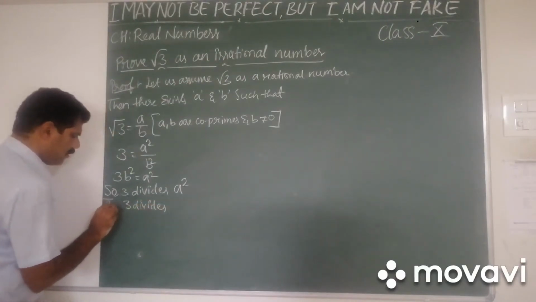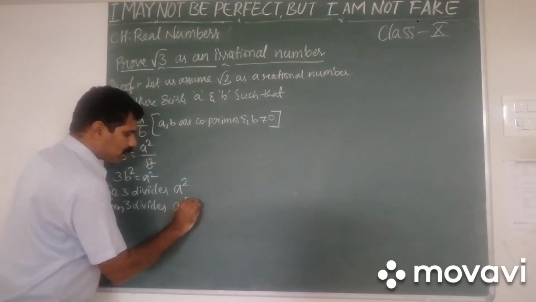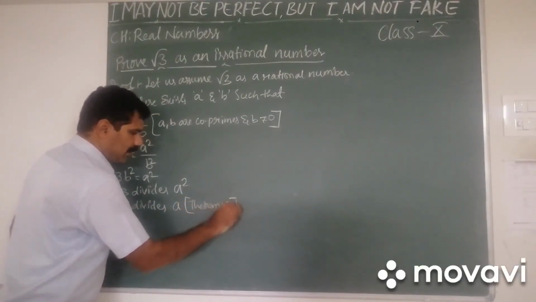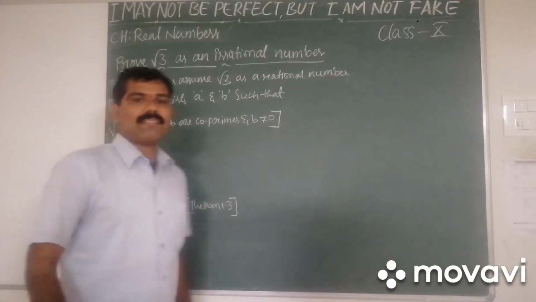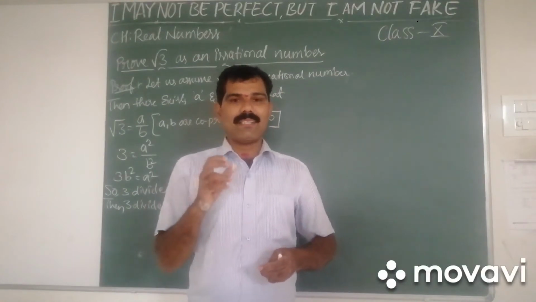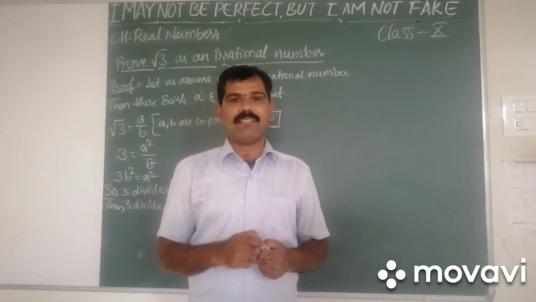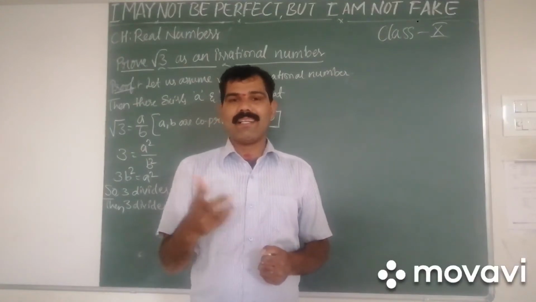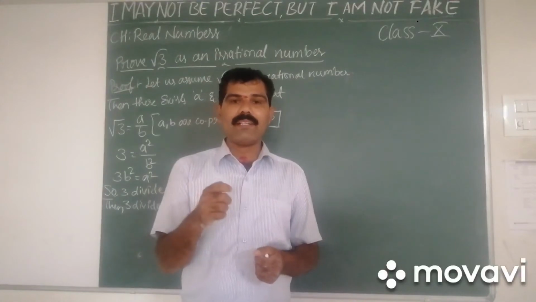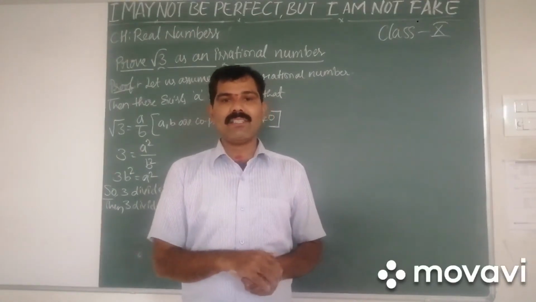So 3 also divides a, according to theorem 1.3. What exactly does theorem 1.3 say? If p is a prime number and p divides a square, where a is any positive integer, then p also divides a.